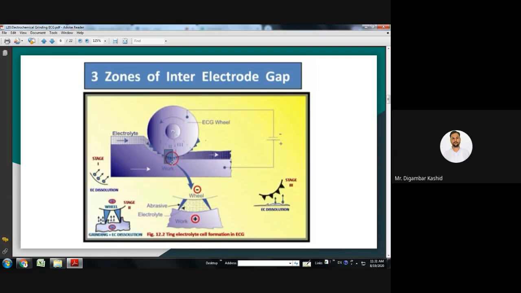So it exposes fresh metal for further electrolytic action. That process is called the mechanically assisted electrochemical grinding process. Then in zone number three, that is the last one, zone number three.